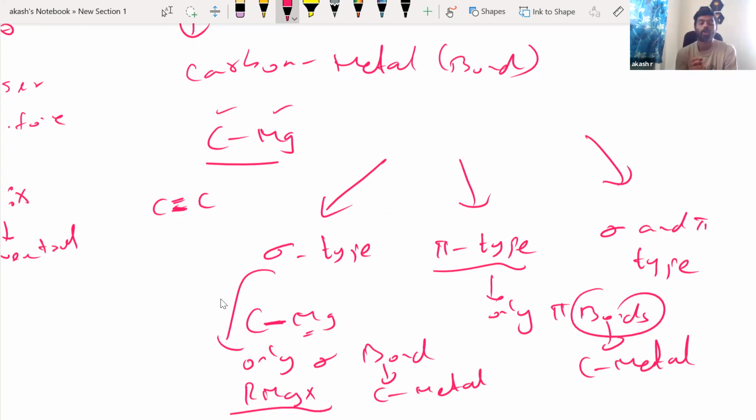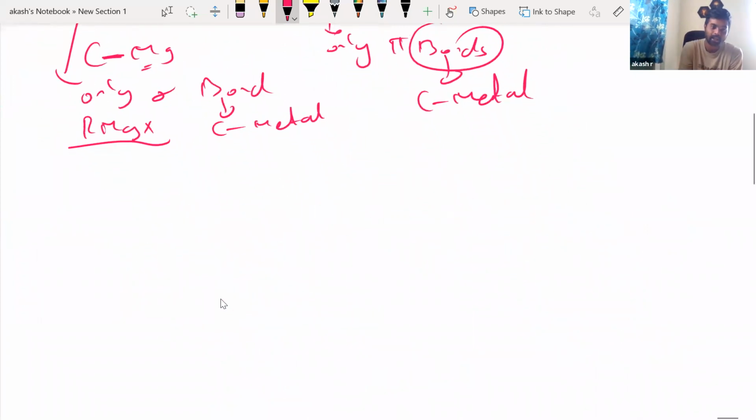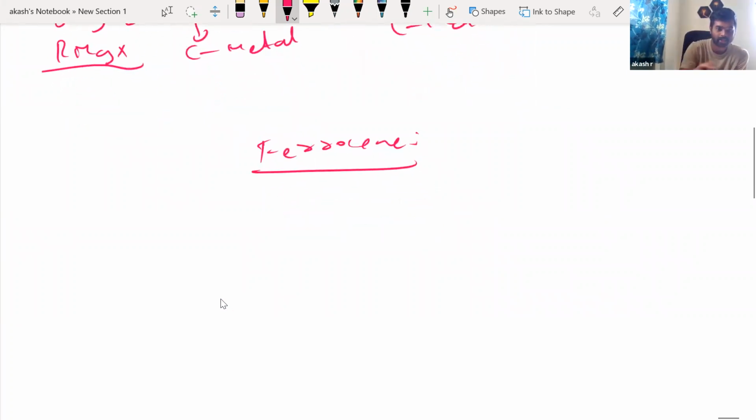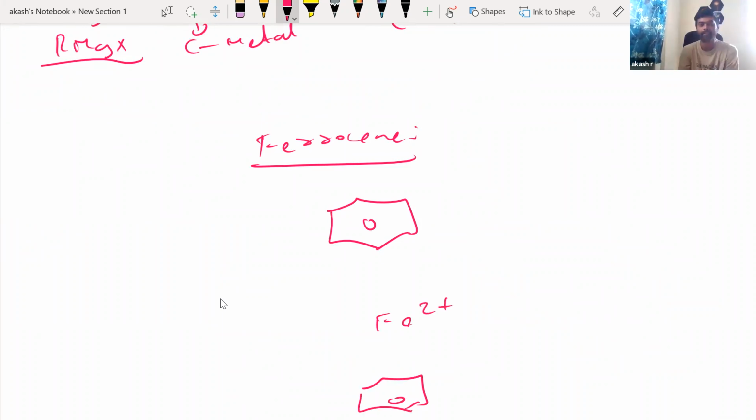Now, how do we understand this? We will take an example. Example is ferrocene. Ferrocene is going to look like this. We have one benzene ring, and we have another benzene ring, and we have the Fe2+ ion.